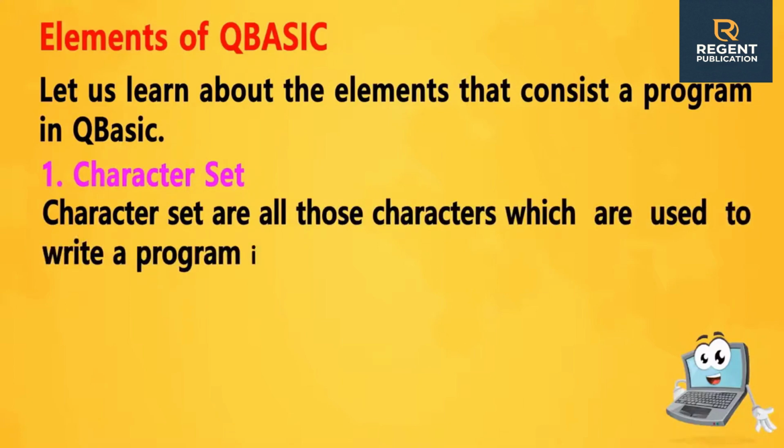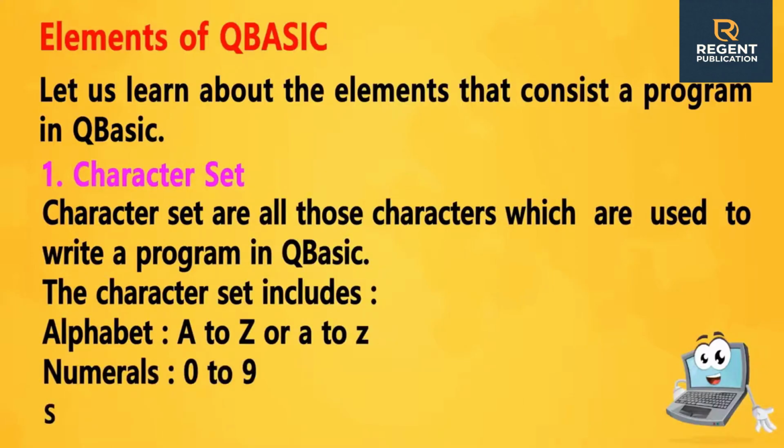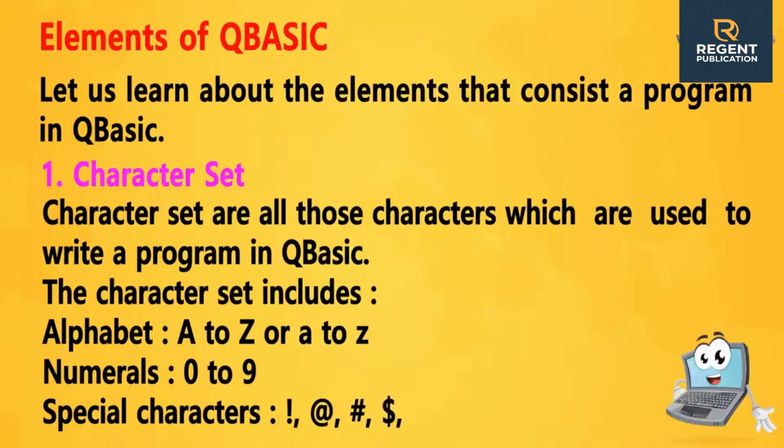The character set includes alphabet A to Z, numerals 0 to 9, and special characters: exclamation mark, @, dollar, percentage, caret, ampersand, asterisk, bracket open, bracket closed, minus, slash, question mark, etc.